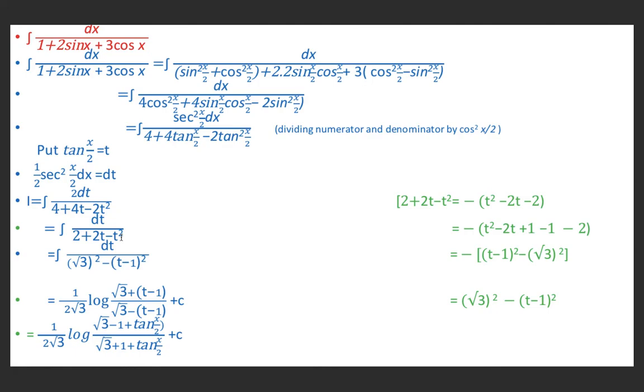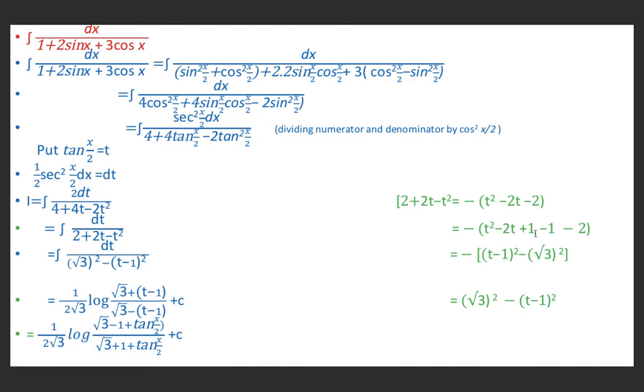Now we have the expression of the form as we discussed in the first slide. So it is 2 plus 2t minus t square. Take minus common, t square minus 2t minus 2, to make the coefficient of t square to be 1. I have taken minus common. Now coefficient of t is 2, half of it is 1, square of 1 is 1, so add and subtract 1. So t square minus 2t plus 1 minus 1 minus 2.